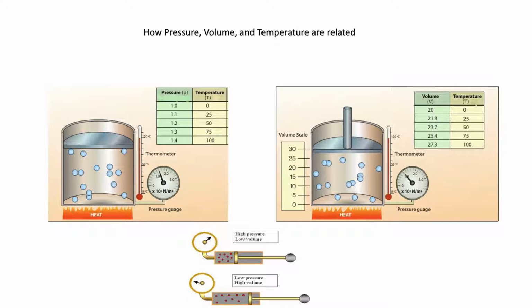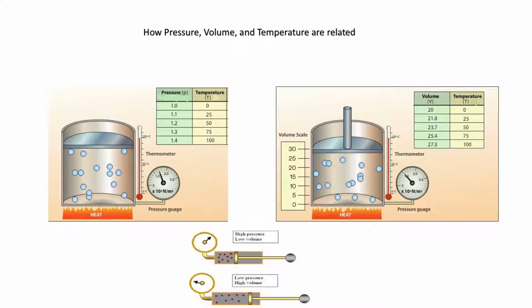All of this is covered by what is called the combined gas law. The combined gas law is created from 3 separate gas laws. You will study more on this in your future classes. For now, it is important that you understand that the combined gas law states the ratio of the product of pressure and volume and the absolute temperature of a gas is equal to a constant.